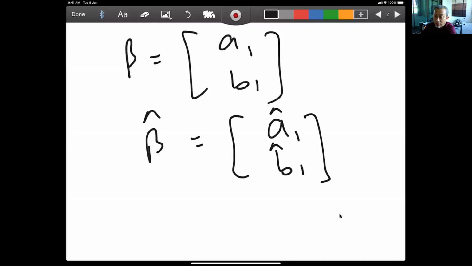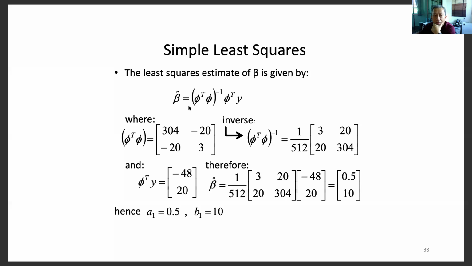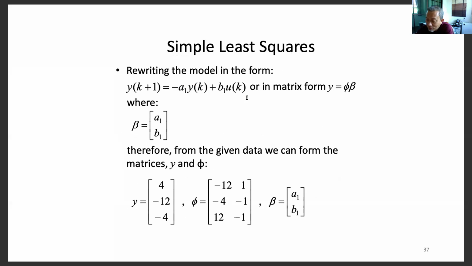And then the formula, which was shown just now, is beta cap is equal to minus theta transpose theta inverse. There are a lot of processes there. First you have to transpose. So what is the transpose of this equation here: minus 4, minus 1, 12, minus 1.